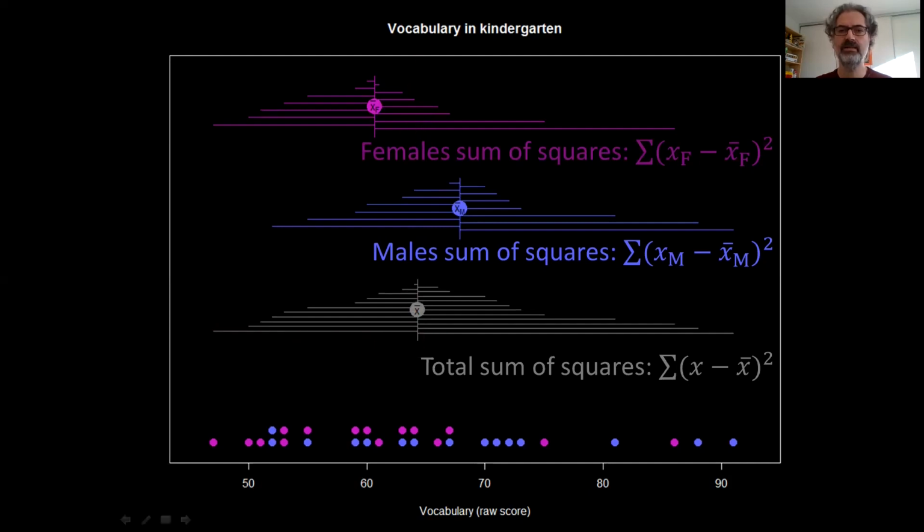But now they aren't equal. So the boys' mean is a bit to the right of the grand mean. The girls' mean is a bit to the left of the grand mean. This means that each group mean now is a bit closer on average to the group data points than the grand mean was.